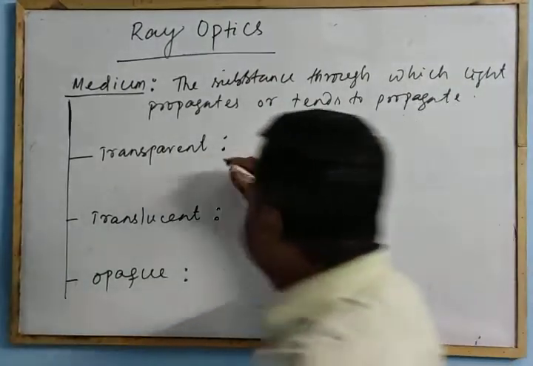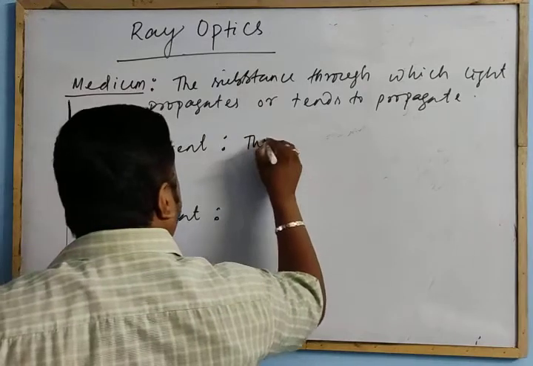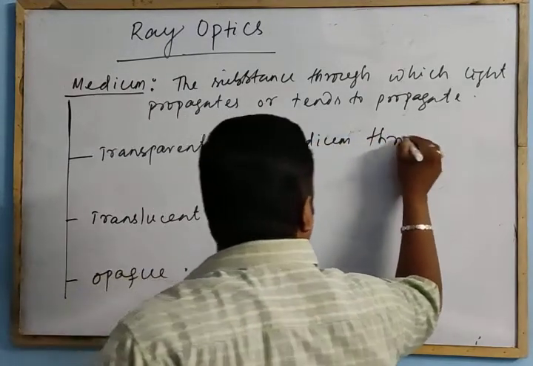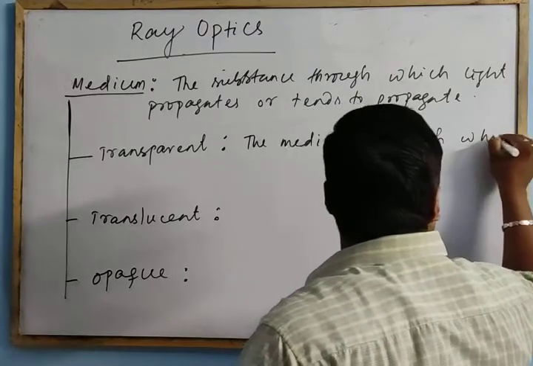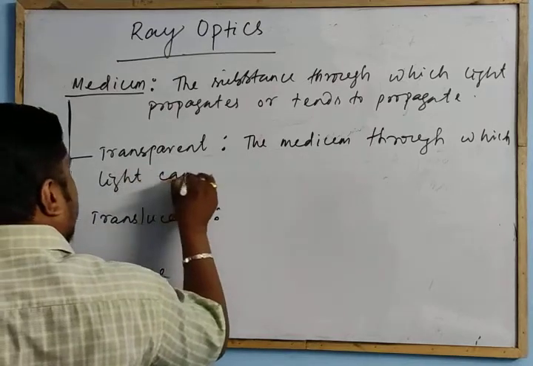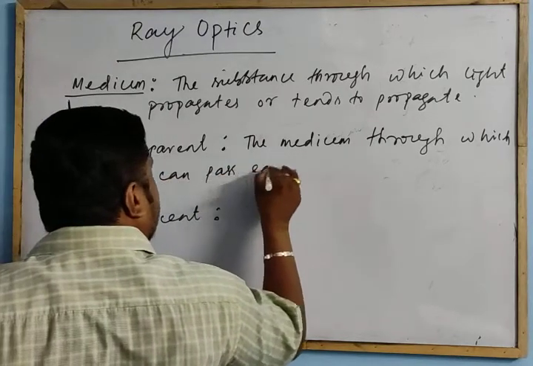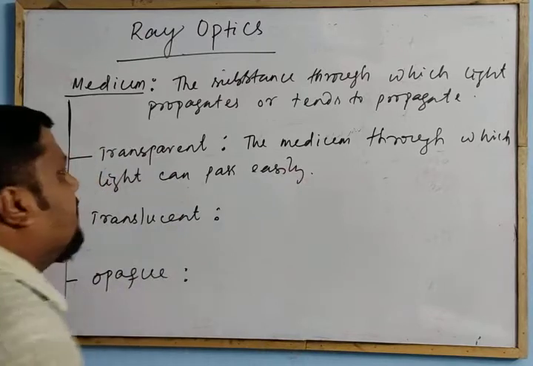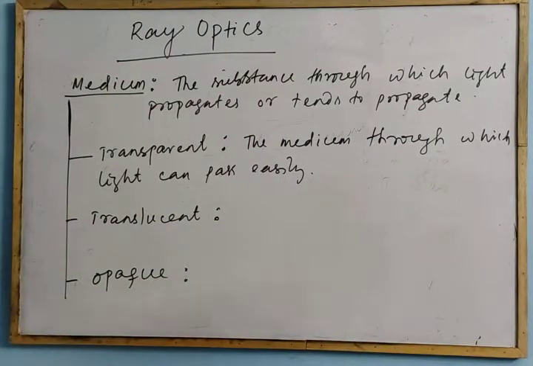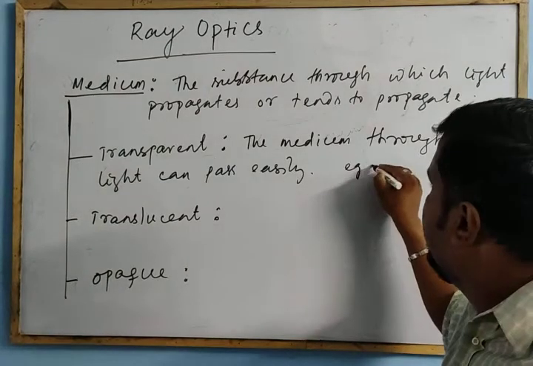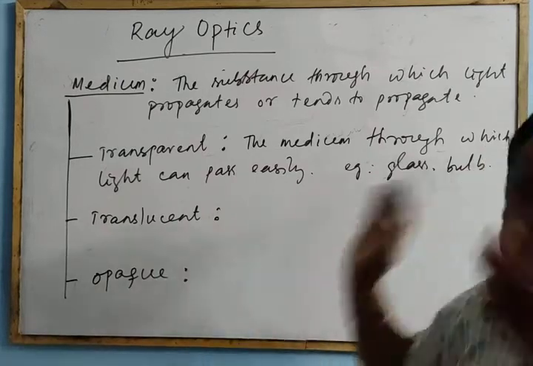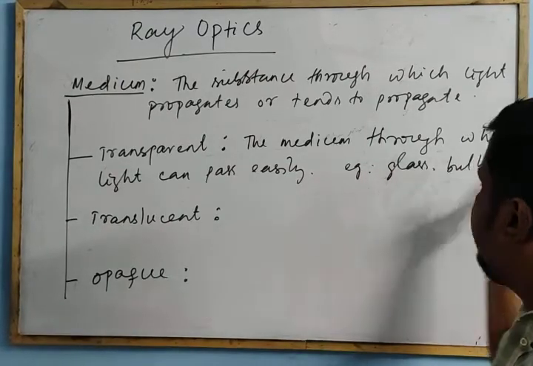So the transparent medium is the medium through which light can pass easily. Clear? Examples are glass, electric bulb, etc. You know the examples; you can write more examples.